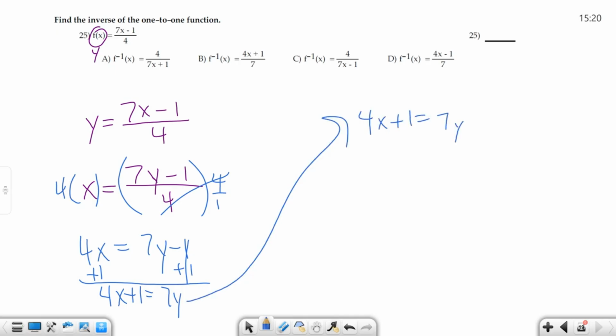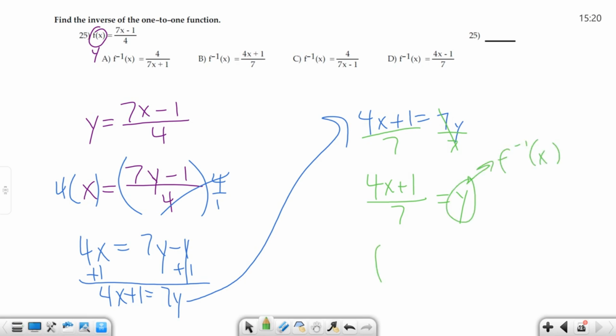And we want y by itself, right? So we're going to divide by 7. (4x plus 1) over 7 equals y. And then the last step is to take this and replace it with what? F inverse of x.